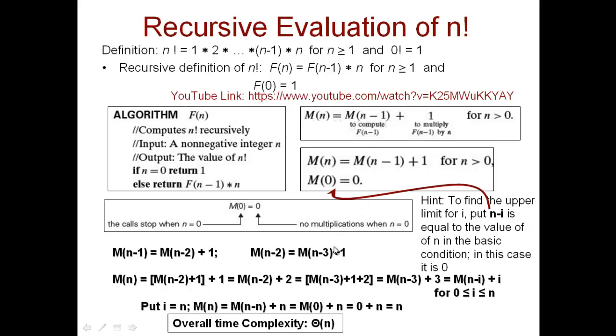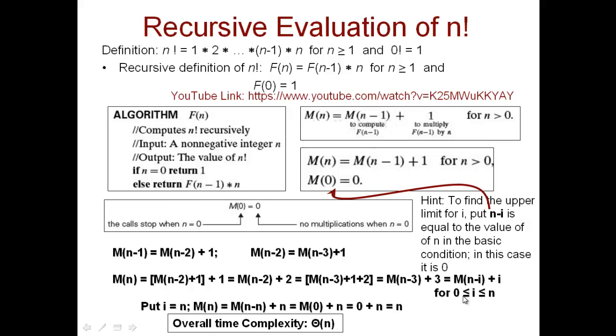So you can see there's a trend here. If M of n equals M of n minus 1 plus 1, M of n can also be written as M of n minus 2 plus 2, and it's also equal to M of n minus 3 plus 3. So in general, M of n can be written as M of n minus i plus i, where i ranges anywhere from 0 to n.